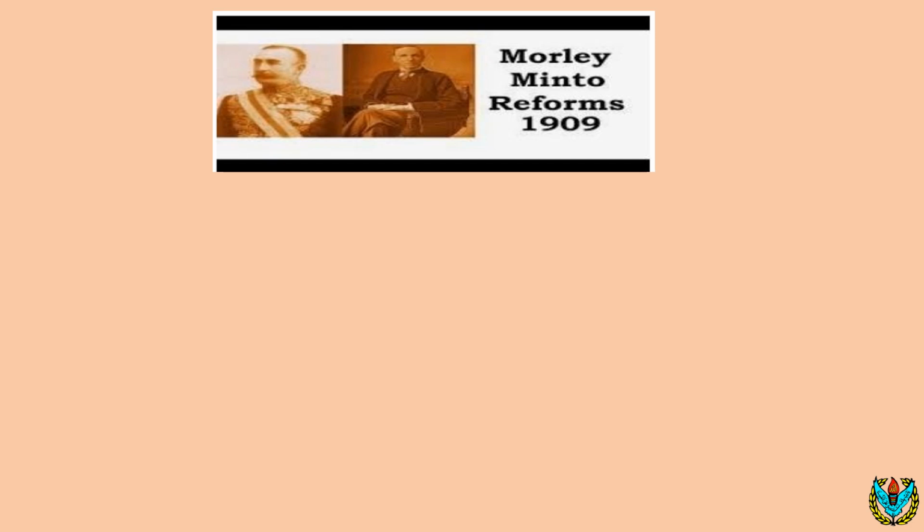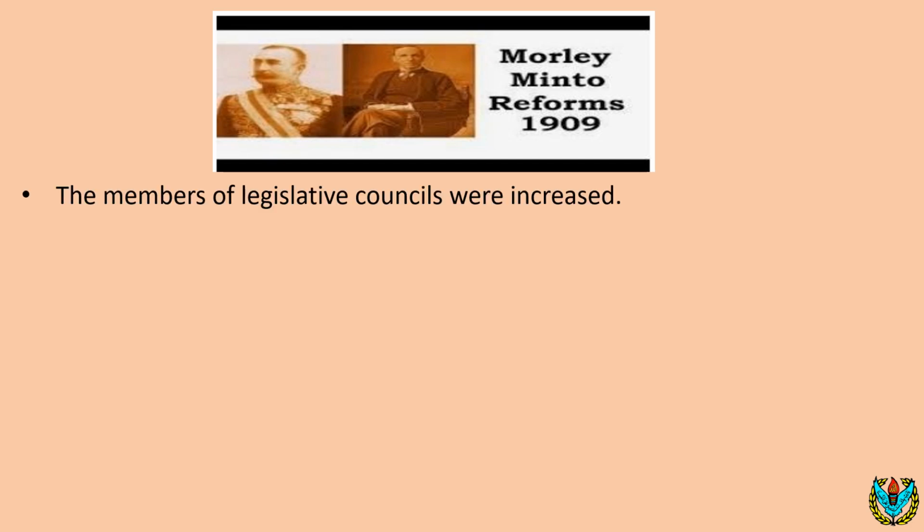Minto and Morley were two persons who presented this law in 1909, and the major features of this act were: number 1, under the act, the members of the Legislative Council were increased. It was fixed at 54 in Bengal, 49 in Bombay, 49 in Madras, 50 in United Provinces, 27 in Punjab, and 18 in Burma. Provincial governments were allowed to prepare their budget.